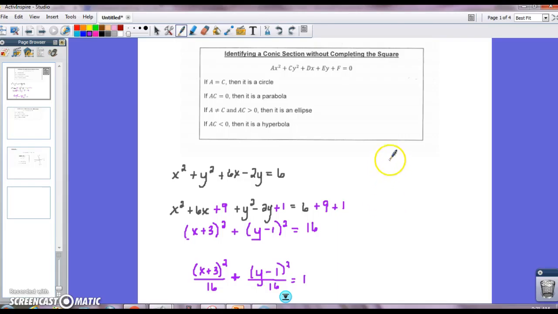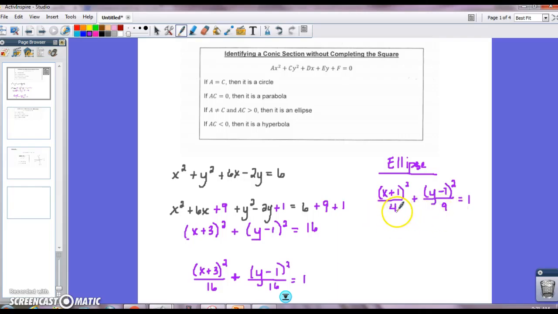So for example, the equation of an ellipse might be something like x plus 1 squared over 4 plus y minus 7 squared over 9 is equal to 1, right? So they're both positive, but they have those different denominators.